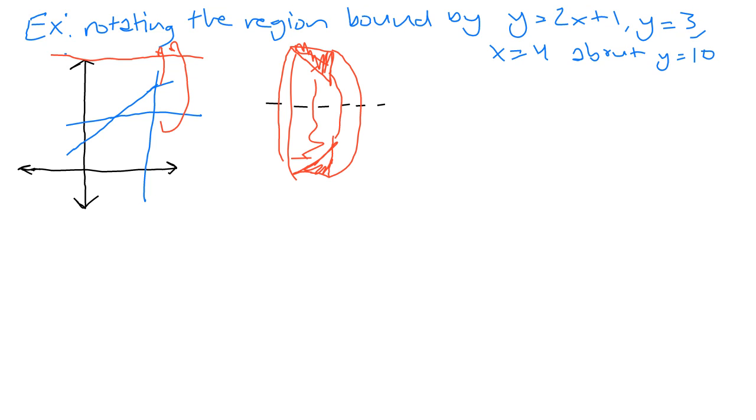Kind of like a little ring shape like that. So now let's figure out how we're going to set this up. Let's first think about what our radius is going to be.